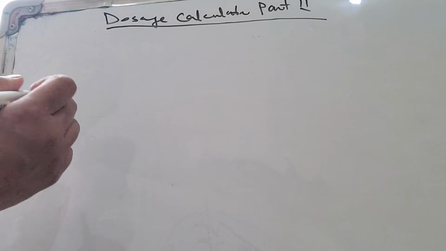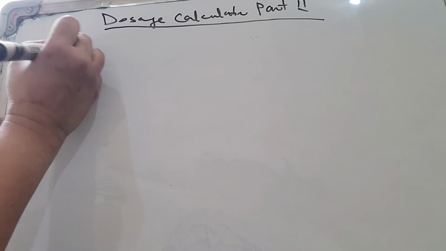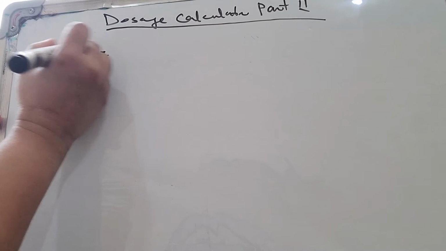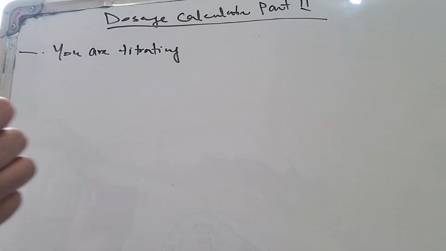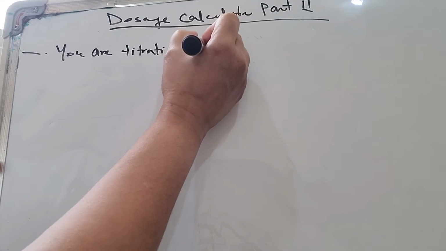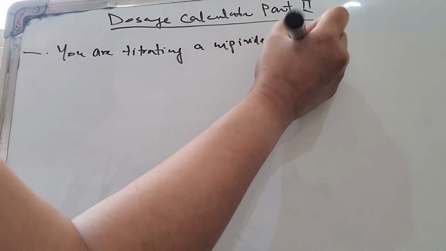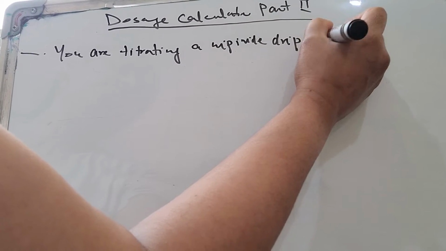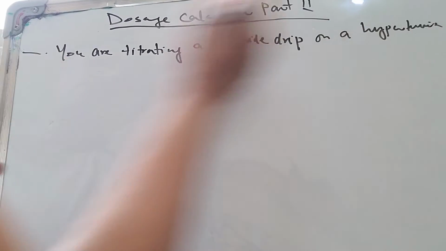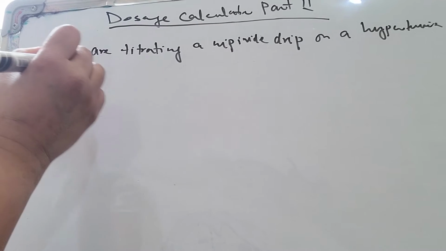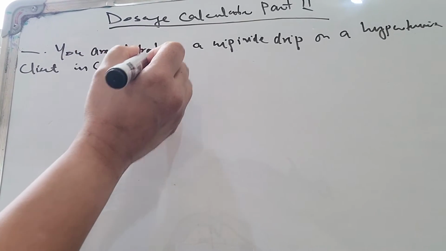We will do one more practice question. Our second question is, you are titrating a nipiride drip on a hypertensive client in the CVICU.